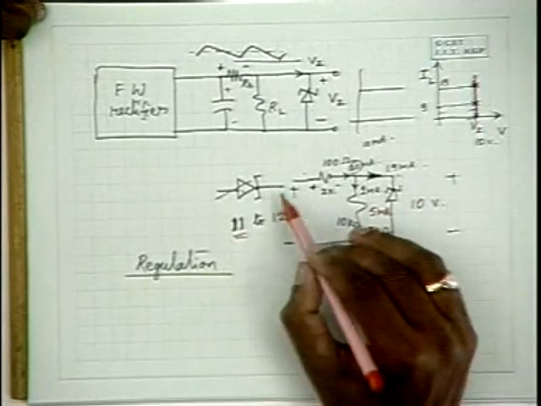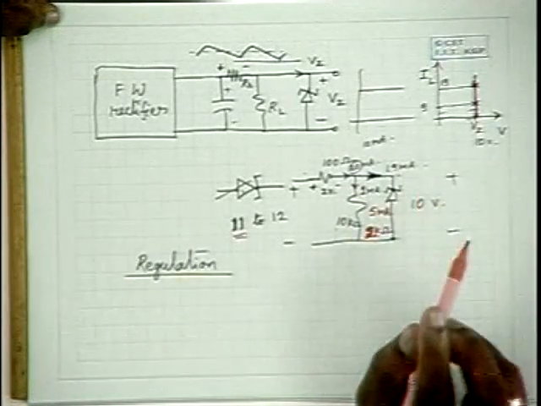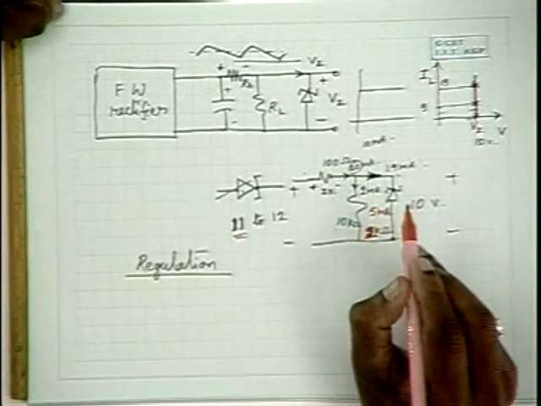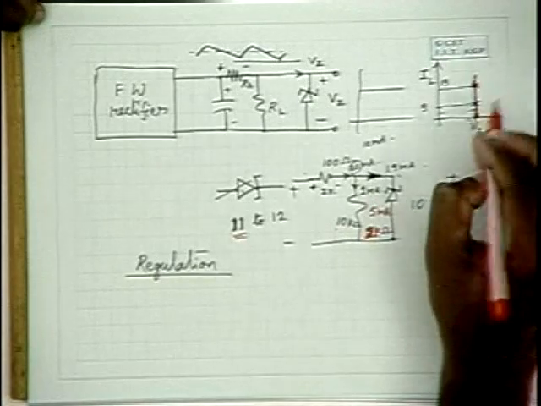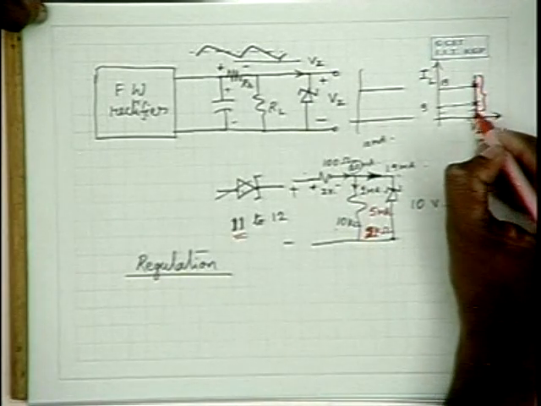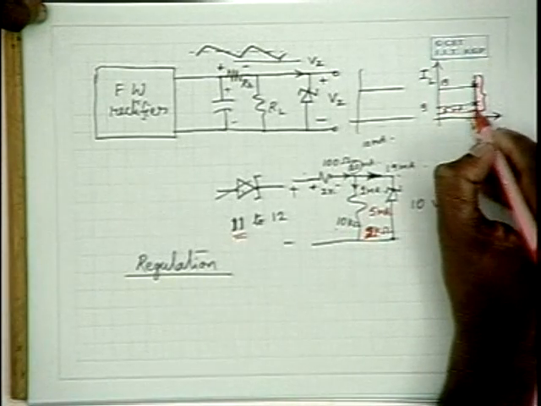So this is how one can go about while designing the circuit. In practice, we see that at least a minimum of 5 milliamperes flows through the Zener. So the operating region is from 5 milliamperes and above.